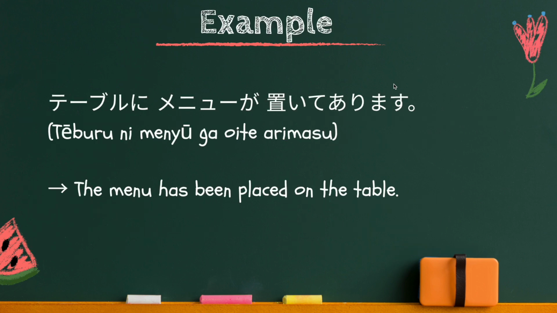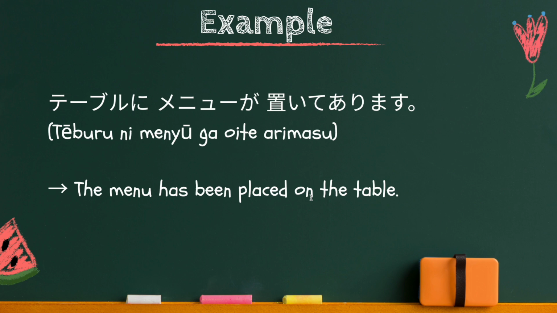Now before an exercise, let's look at one more example. テーブルにメニューが置いてあります。This means that the menu has been placed on the table. So someone already put the menu on the table before, and that result still remains.